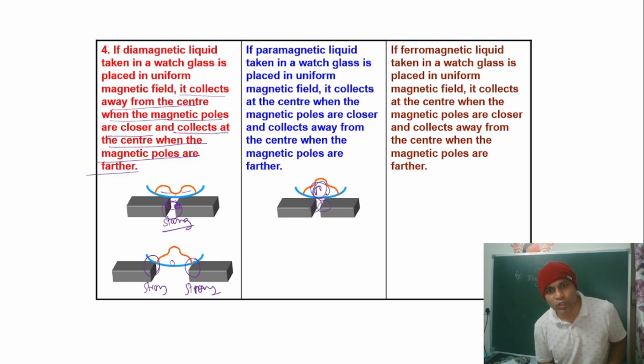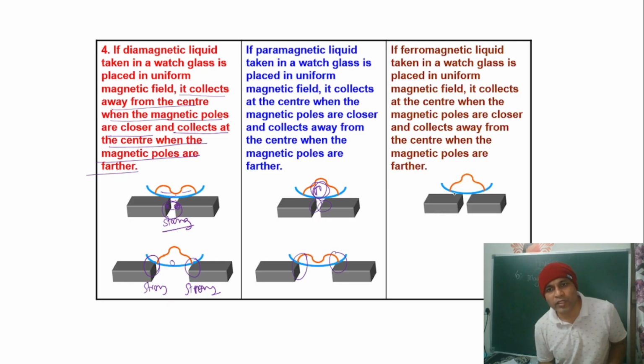Most of the volume of liquid tries to be near the stronger field, and if it goes away, the water still tries to be towards the stronger field. Same here, you can see the water tries to be close, and away also the same phenomenon. For para and ferro, the magnetic liquid behavior will be the same, and when the diamagnetic liquid is there, it will show different behavior.